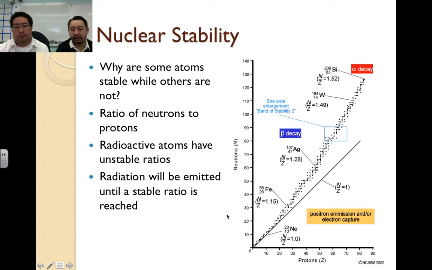With the earlier elements, as denoted by the number of protons, most of the elements are stable with a 1-to-1 ratio, but then as you go further along the periodic table, the ratio shifts, and now you start seeing things like 1.28 or greater, and as a result, you have more and more radioactive decay because it's deviating more and more from a 1-to-1 ratio.